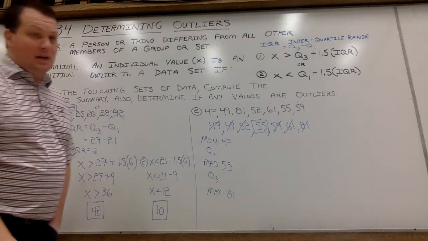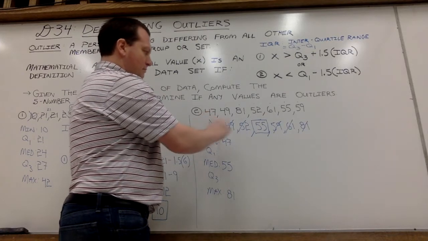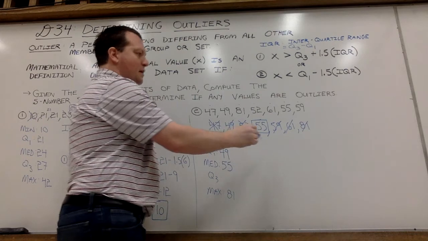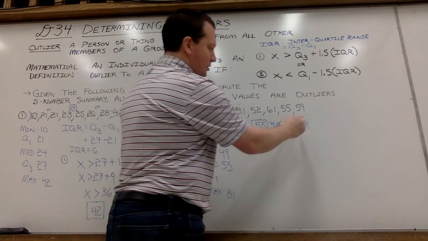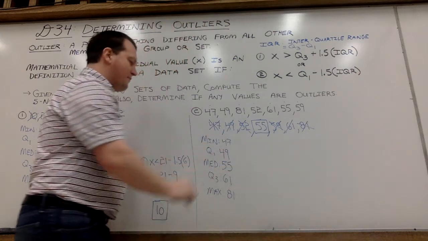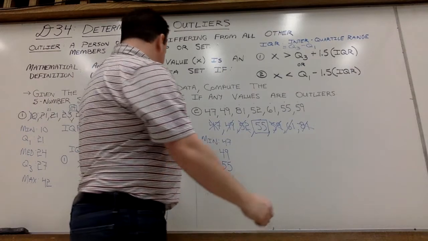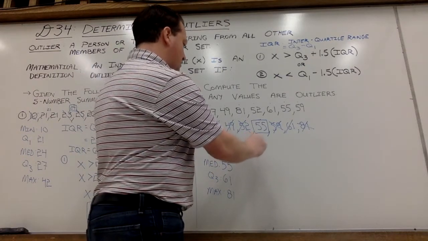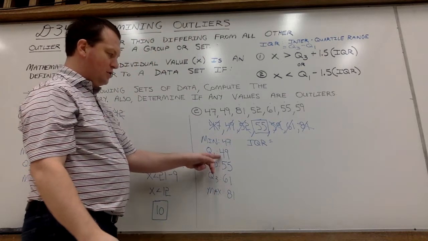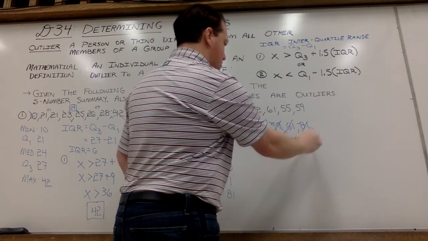Now I'm going to find the lower quartile, which again is the middle number left of the median. So that would be 49. And then the upper quartile, the middle number to the right of the median, is 61. So here is my 5-number summary. I am then going to check for outliers. Again, I'm going to find first the IQR, interquartile range, which is Q3 minus Q1, 61 minus 49, which is 12.